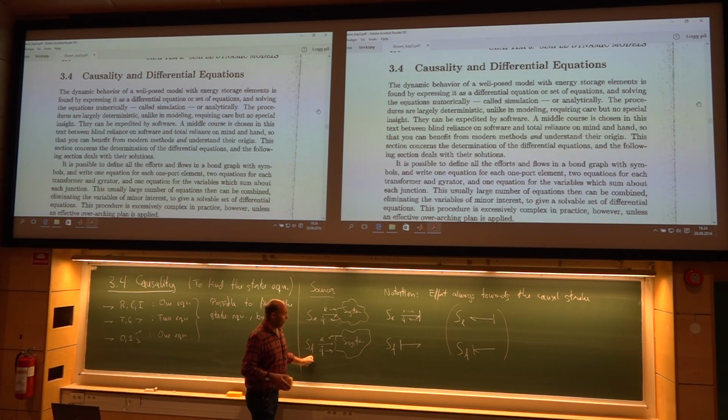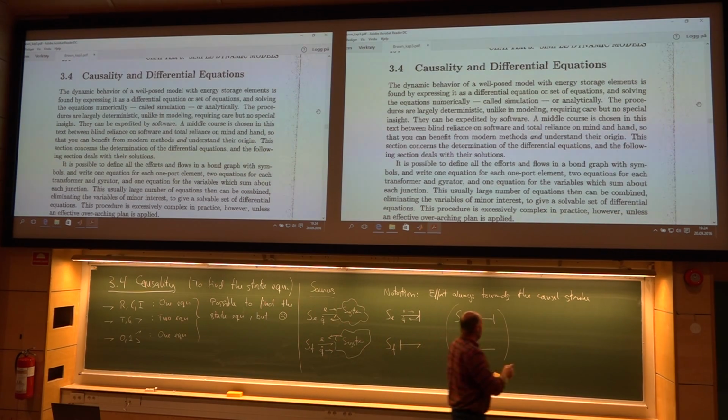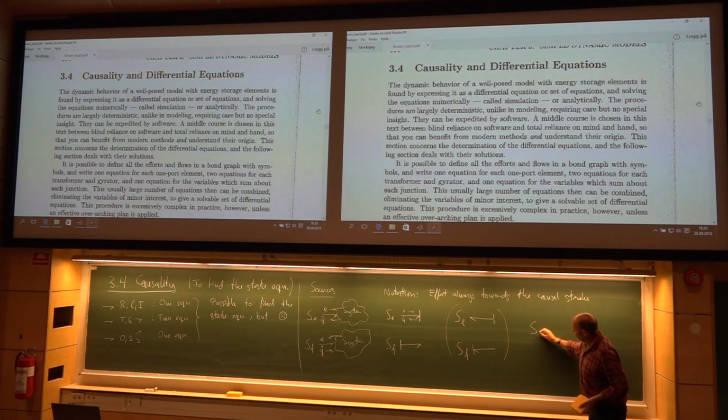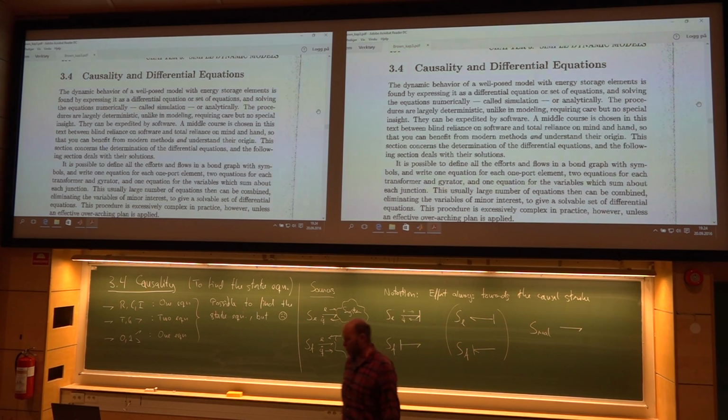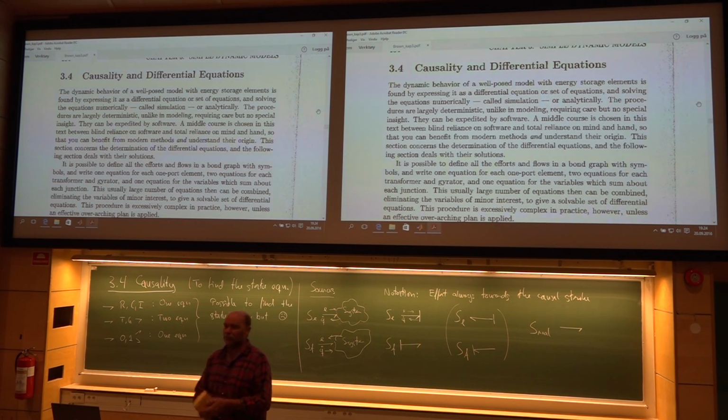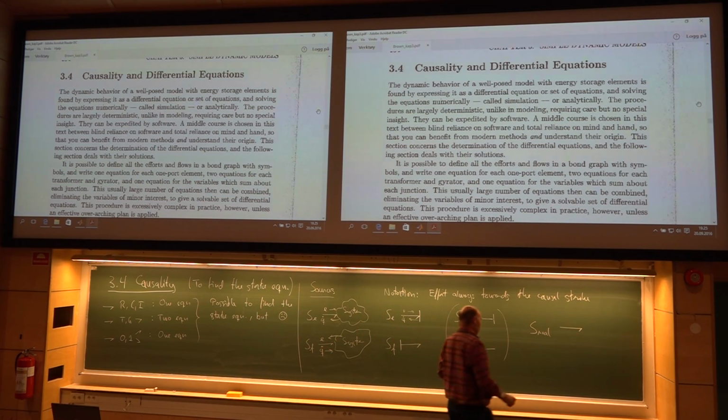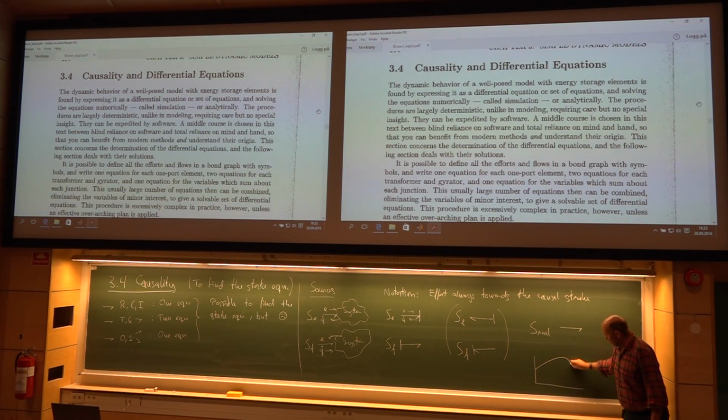Effort source, flow source. What about this one? Source real. What should he have? Well, a real source, that's a real pain. Like we have in exercise 2 now, you have the motor given the characteristic curve, torque versus rotational speed.